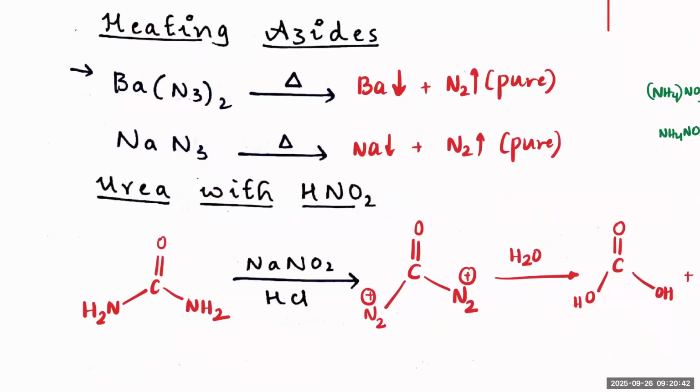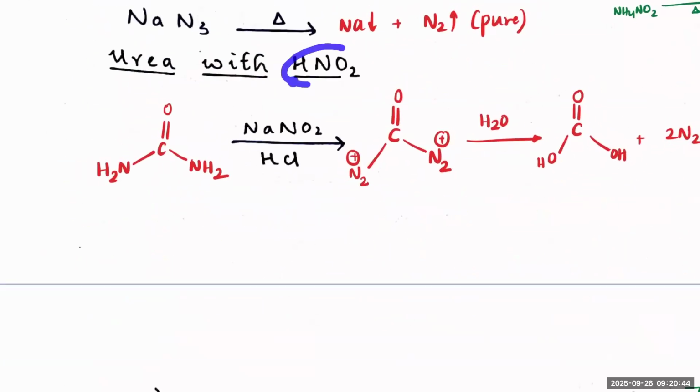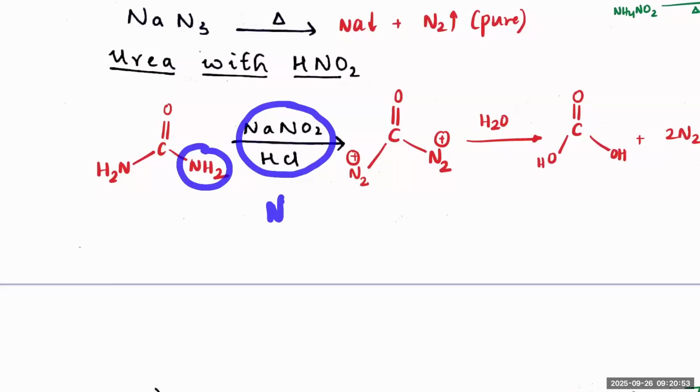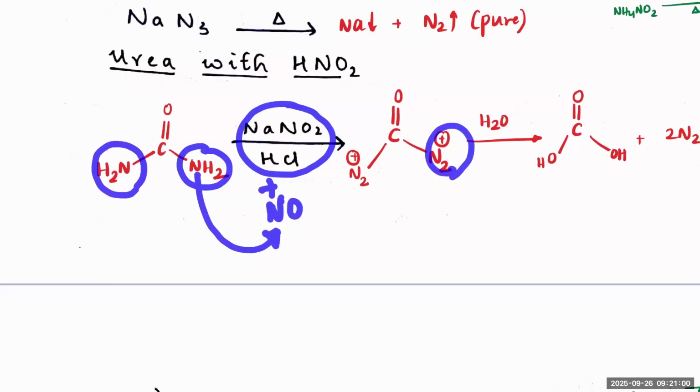Got it? Same logic, if you take urea and react with HNO2, this is the same diazonium salt reaction. You can see NH2 reacts with NaNO2 HCl, which will produce NO plus. And as the lone pair attacks here, eventually it will convert into N2 plus on both sides.